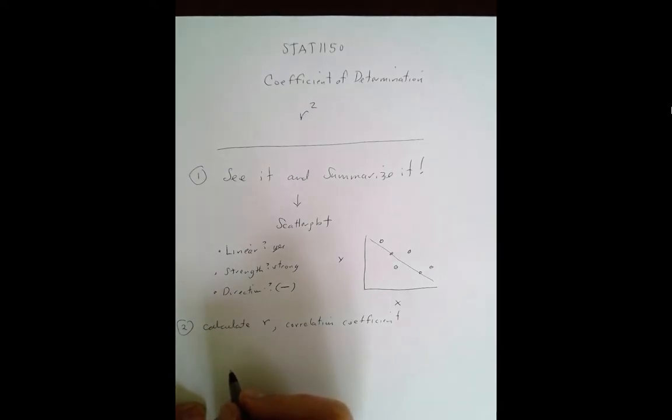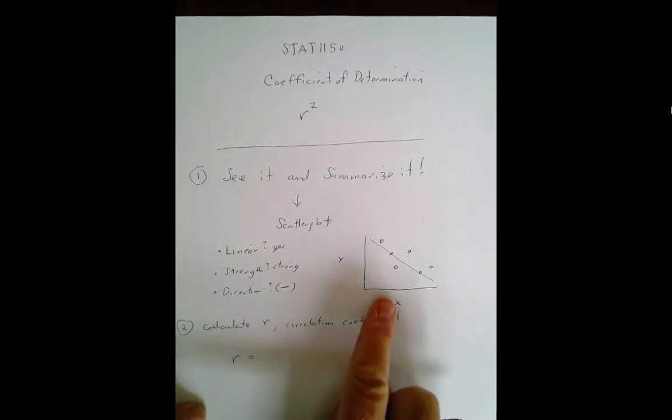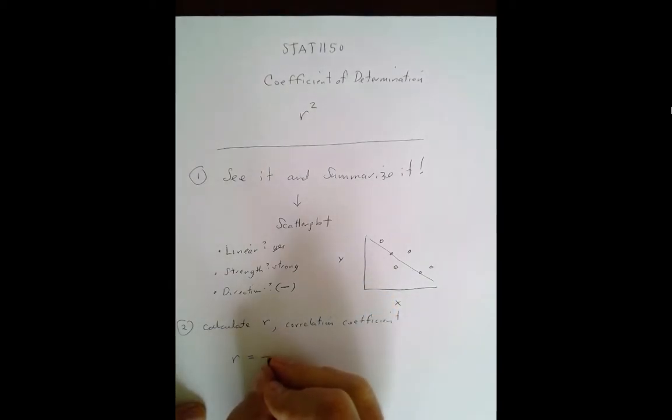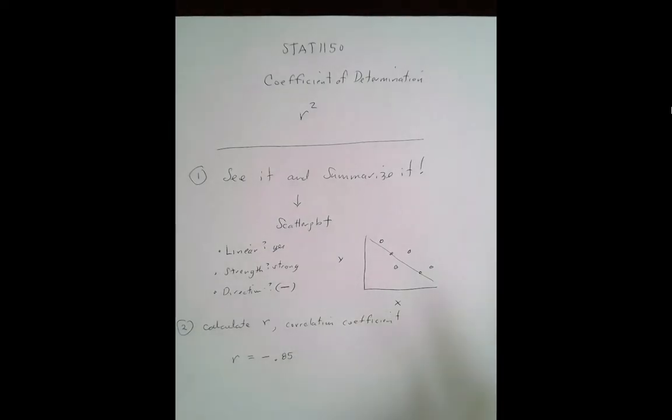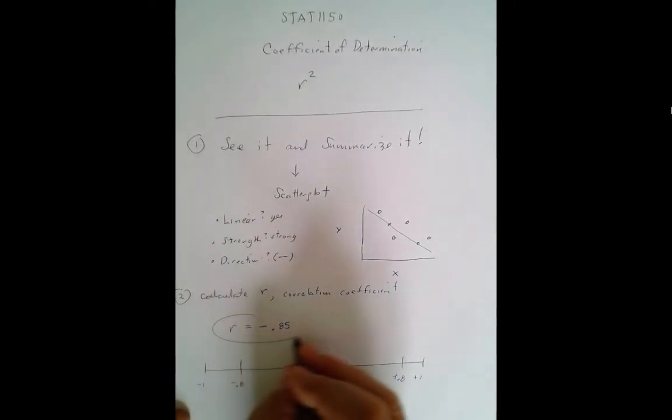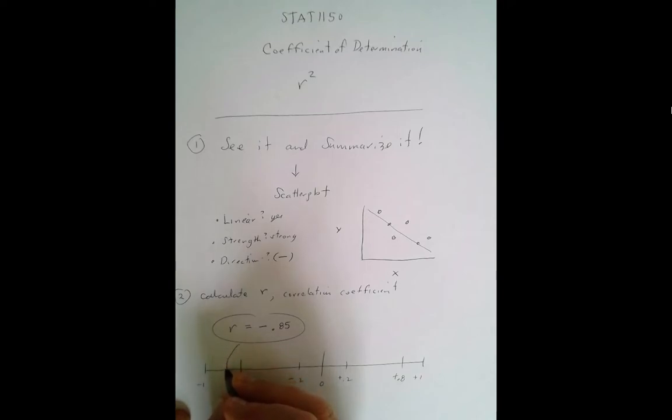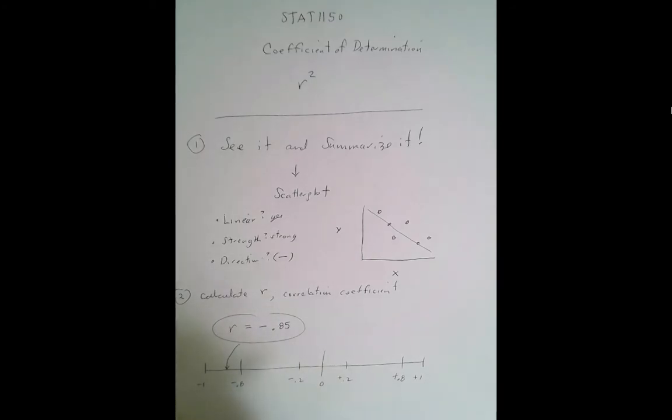And I'll tell you right now, the correlation coefficient for this data would be probably around a negative 0.85, indicating, as we talked about earlier, looking at that breakdown of those values that I presented in a previous video, an R of negative 0.85 would fall about right there someplace, which indicates the segment of a strong negative relationship.